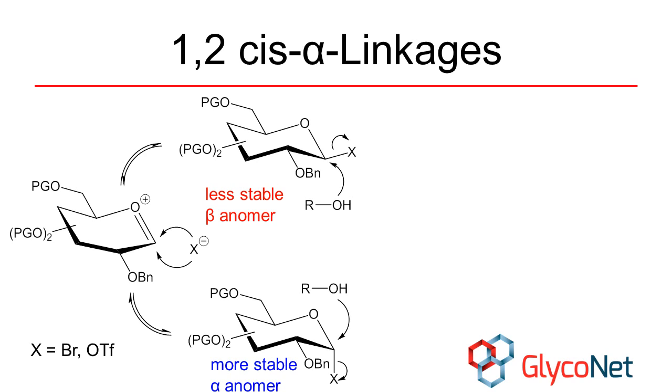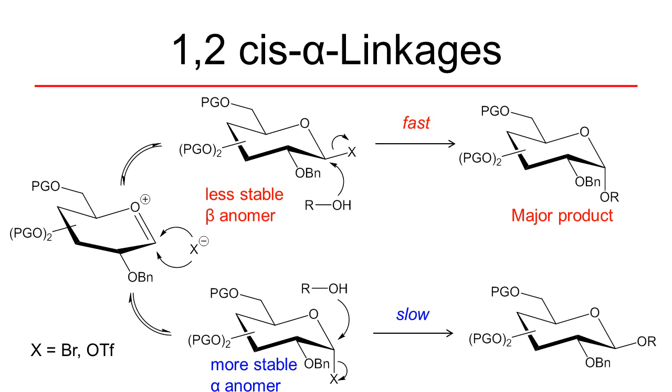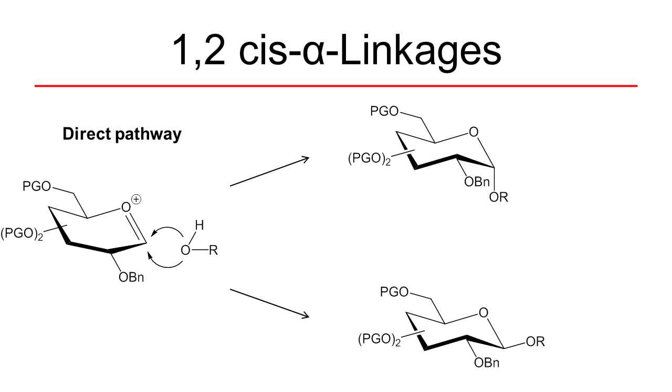Due to the anomeric effect, the alpha anomers are more stable and less reactive, and so the beta anomers will react more quickly with an acceptor. Nucleophilic attack on the beta anomer then leads to the desired 1,2-cis-alpha linkage. These pathways compete with direct interactions between the activated donor and acceptor, with some preference for the product formed by the anomeric effect.